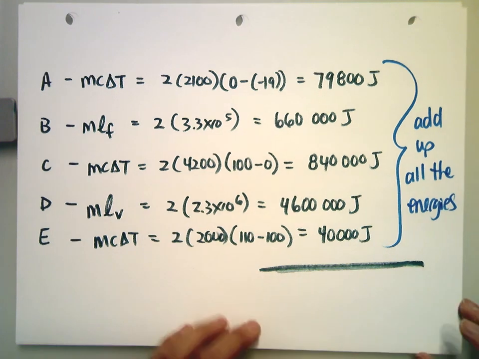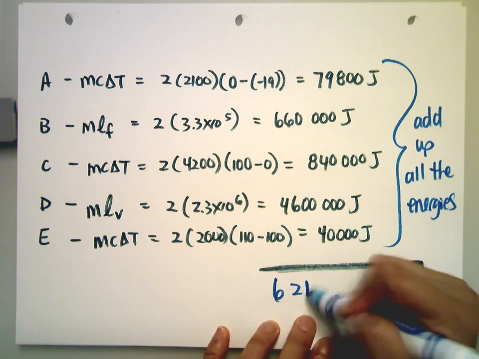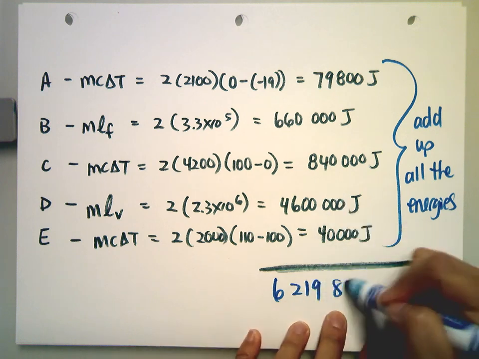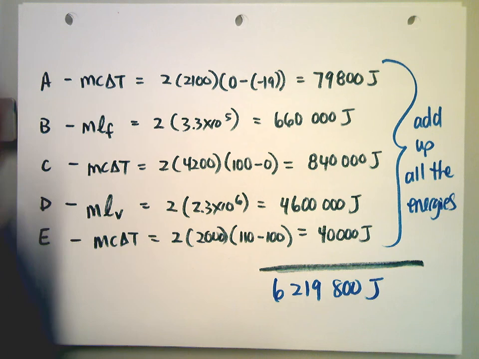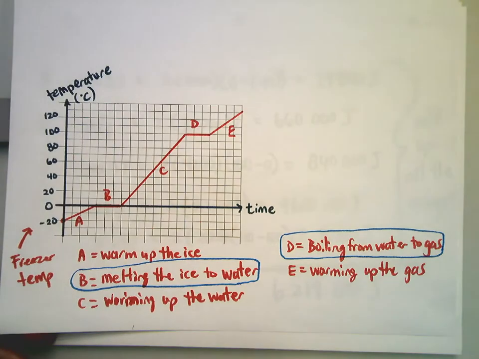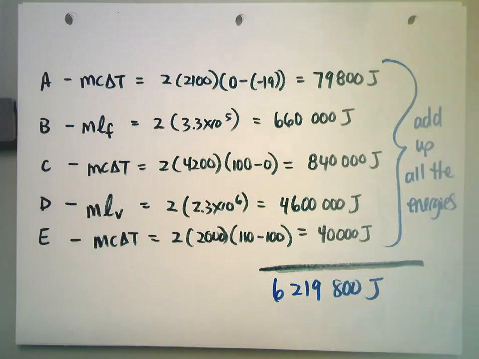All right, so we add up all the energies, and it's going to be 6,219,800 joules. Whew, that's a lot of energy to boil ice. This is probably why we don't boil ice, we boil water. All right, so there it is. So this is the individual stages, all right, and that's the actual calculations.